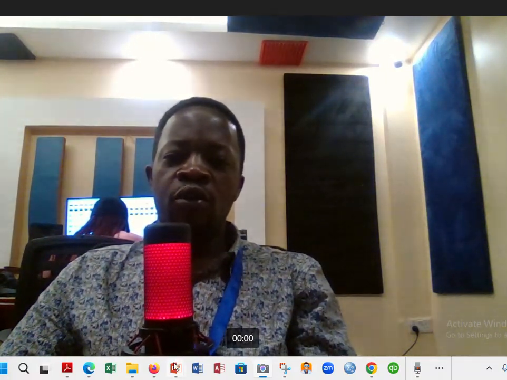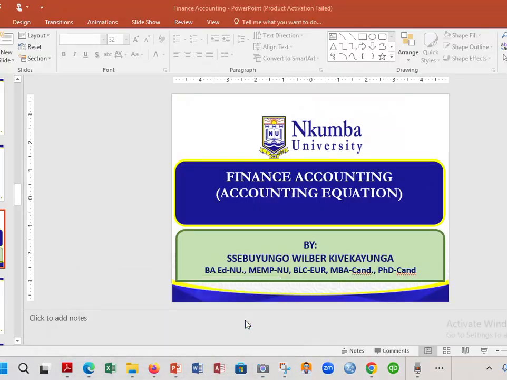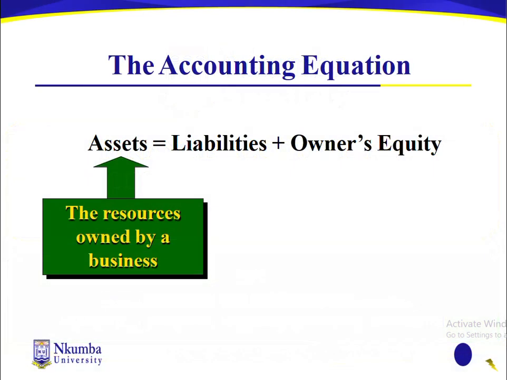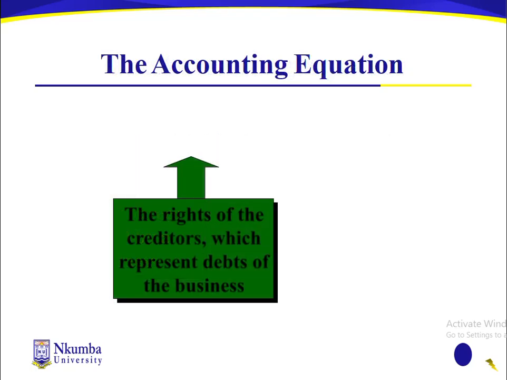So here we go. We are looking at the accounting equation, and at the same time using the principles of accounting which we looked at in our previous session. So this is how the accounting equation flows.